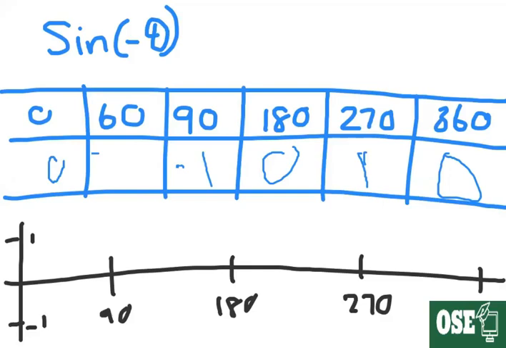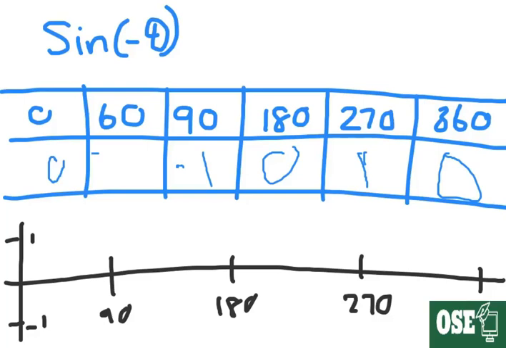Okay, so what happened is that we just reflected the graph. We didn't shift it, we reflected it about the x-axis.